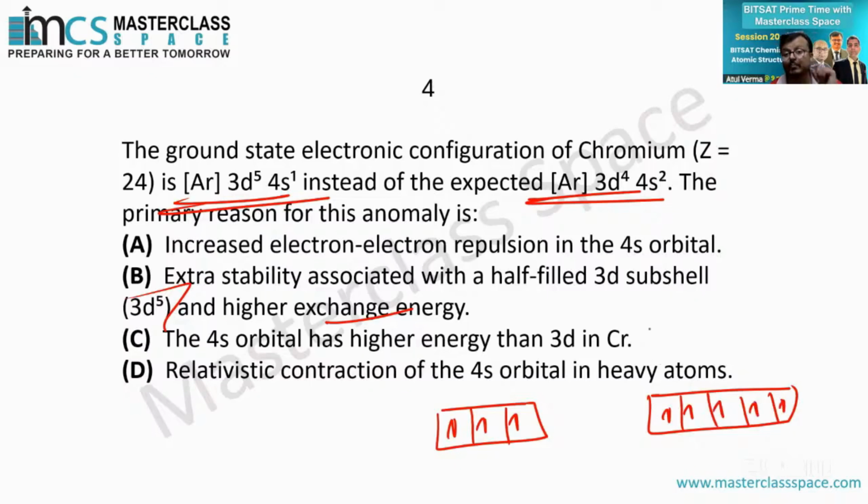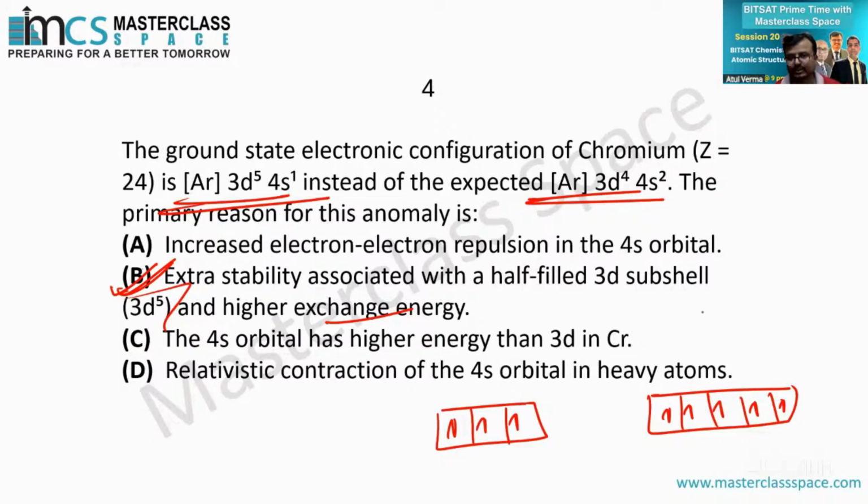Cases with maximum unpaired electrons. So they are exceptionally stable. They have half-filled subshells and they have higher exchange energies. So due to that, there is some extra stability associated with it. Hence, this is the reason. Okay, friends. So the correct answer for this is again option B.